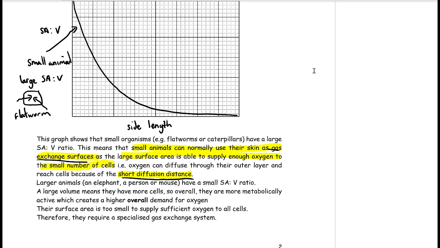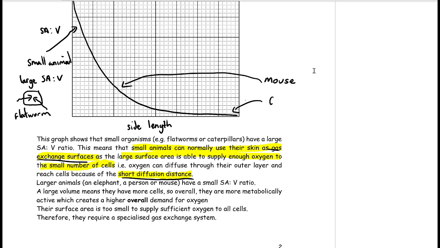But imagine then we get to about here, might be something like a mouse. A mouse we consider a very small animal still, but by the time we've gone from here to here, it's big enough that it can't rely on diffusion anymore.